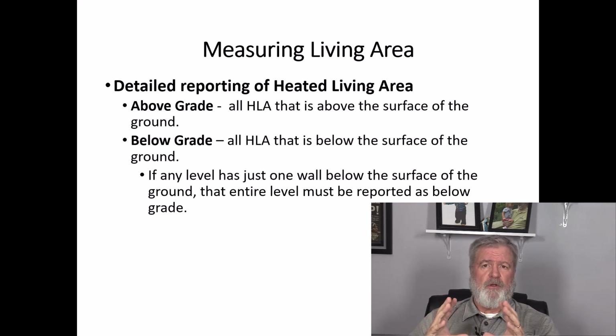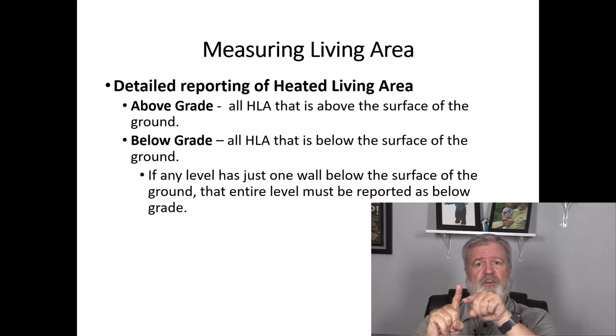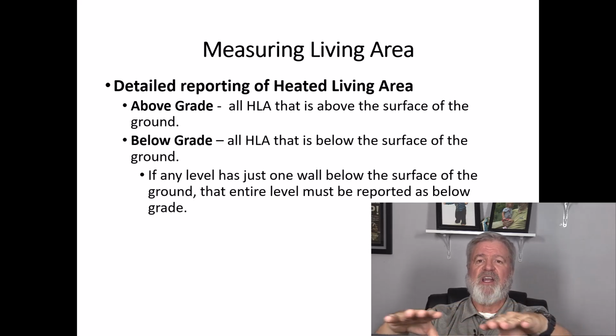Because I will tell you, if any one wall, and all you need is just one wall, has any earth or dirt adjacent to any portion of it, doesn't have to cover the whole wall, just a few inches of the living area has dirt outside the exterior wall, then that entire level is considered below grade.